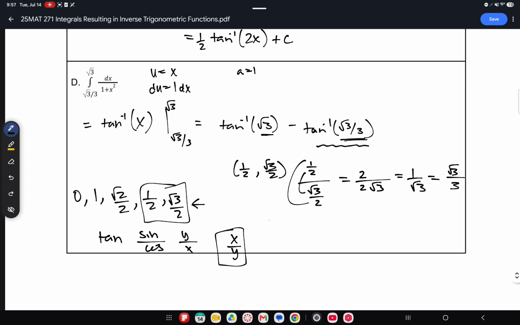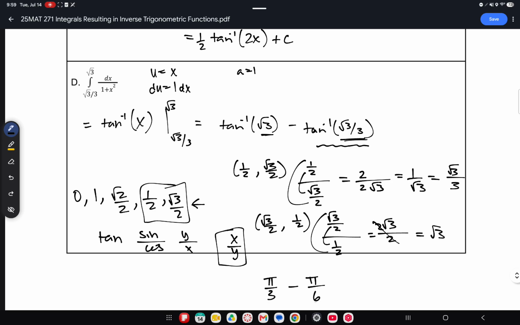And then the other way would be if we had root 3 over 2 and 1/2. That would give us root 3 over 2 divided by 1/2, which is root 3 times 2 over 2, which is just root 3. So we would get pi over 3 minus pi over 6, which we can make 2 pi over 6 minus pi over 6, to get a final answer of pi over 6.